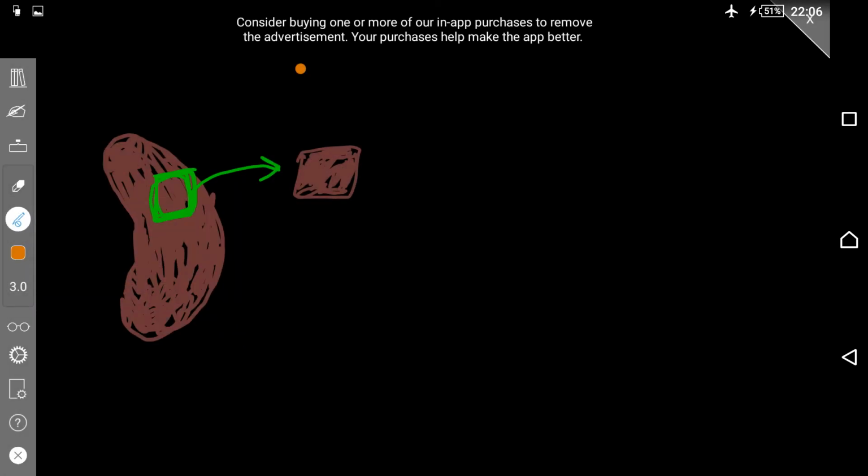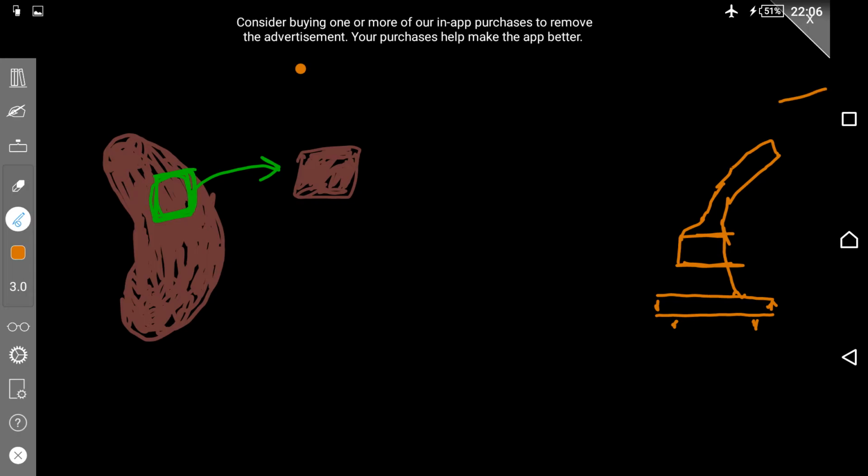Now, I know I'm a terrible painter, but I will try my best to at least make something somehow resembling a microscope. Now this is our microscope, and this is the eye of the one who is examining the tissue.